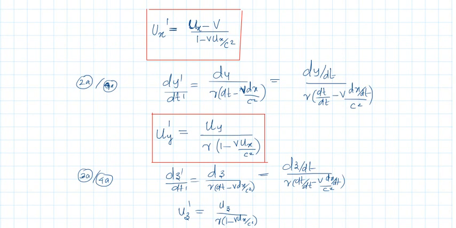This is the third equation, the velocity transformation. So you can find the velocity components parallel to the x-axis, y-axis and z-axis in both frames. ux prime, uy prime, uz prime are the velocity components measured in the s prime frame. ux, uy, uz are the velocity components measured in the s frame.